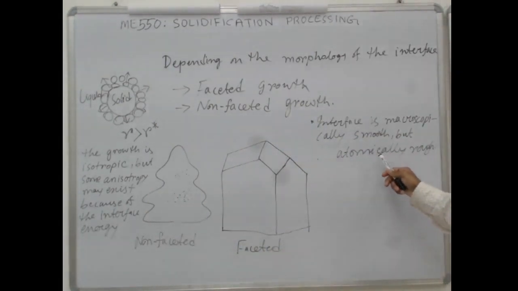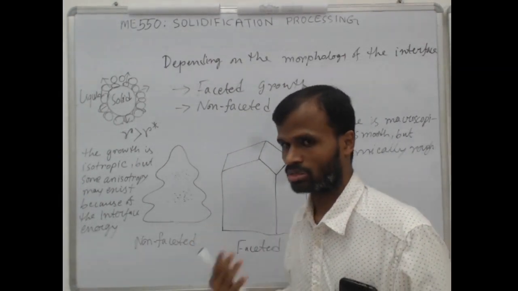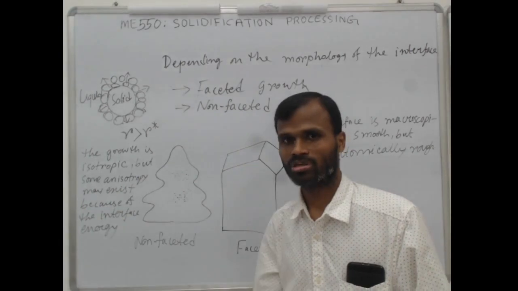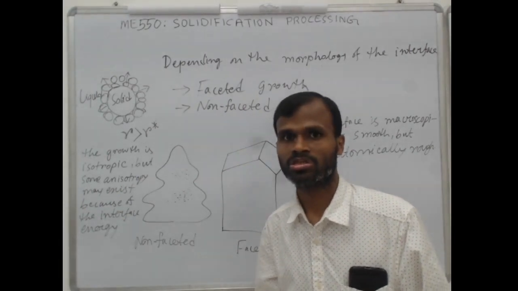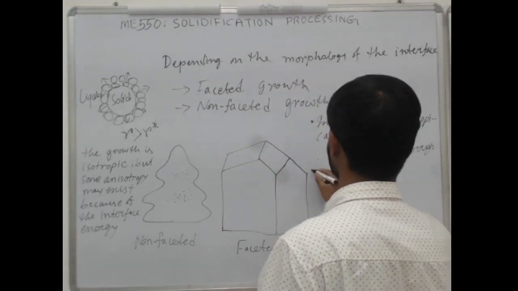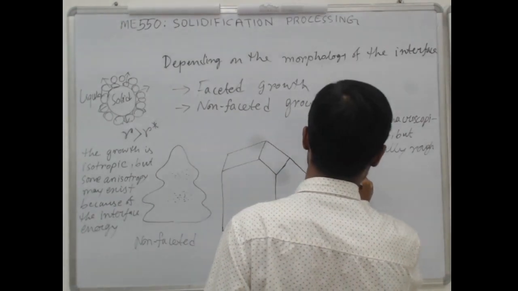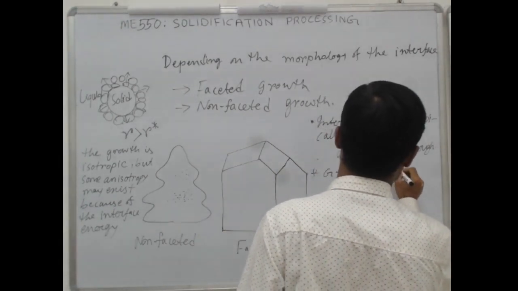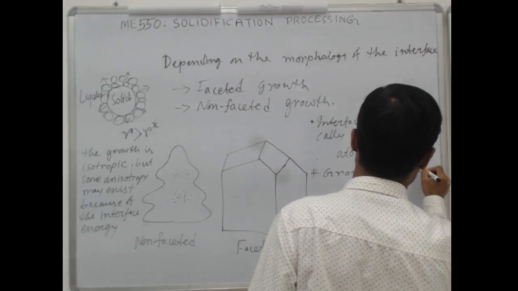That's why the surface is atomically rough, but overall, on the macro scale, the surface will be smooth. And another property: the growth is isotropic.